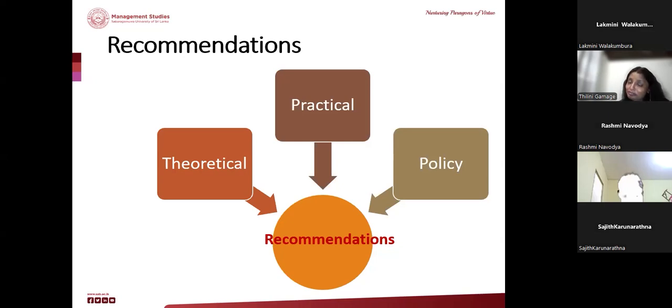Whatever practical suggestions you recommend should be in line with your findings, and the people who read it should understand that this researcher is recommending this based on his or her findings. That's very important. So that consistency and coherence should be there when you're writing the recommendations.